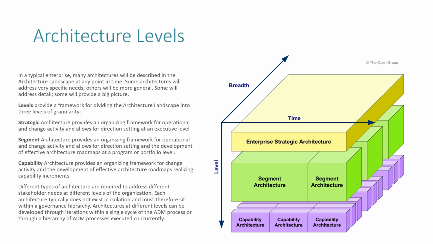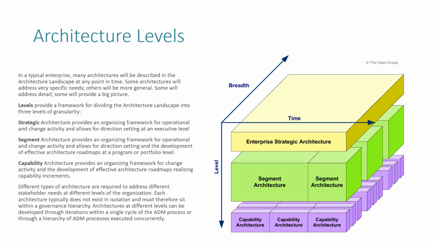And then there can be segment architectures, which can combine a few departments, or a few projects, or a portfolio. And then there are capability architectures, which are individual capability architectures.